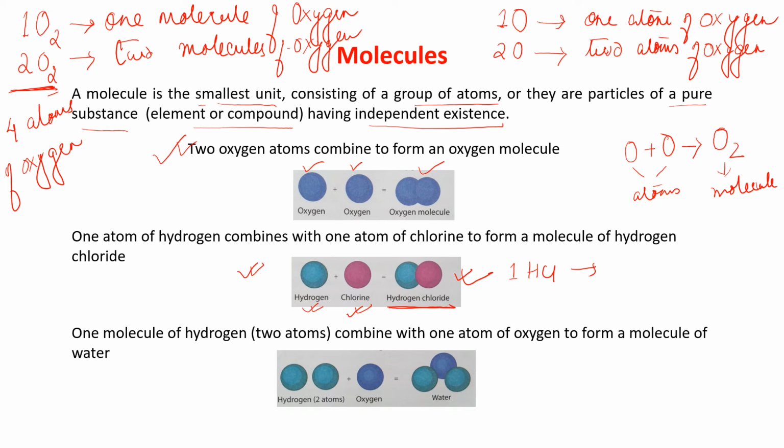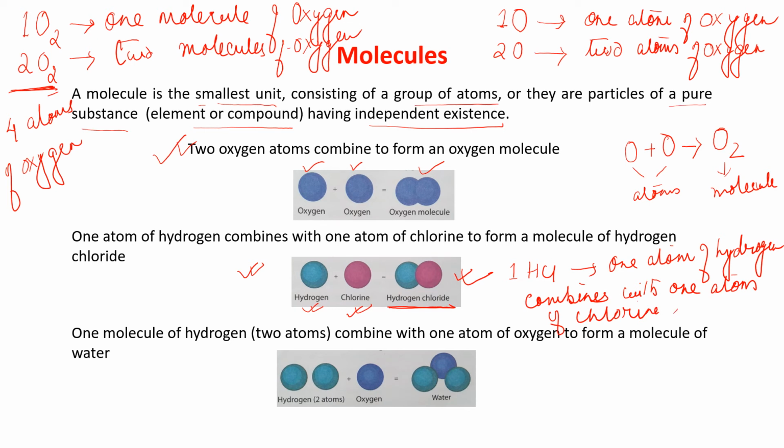So you can say that 1 atom of hydrogen combines with 1 atom of chlorine to give 1 molecule of hydrogen chloride.